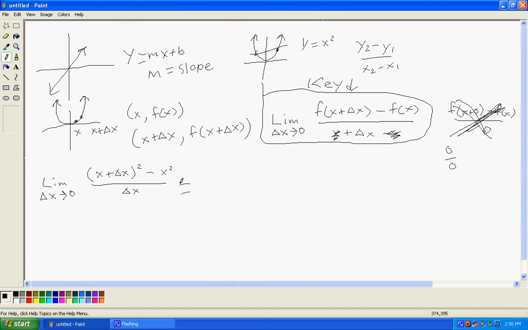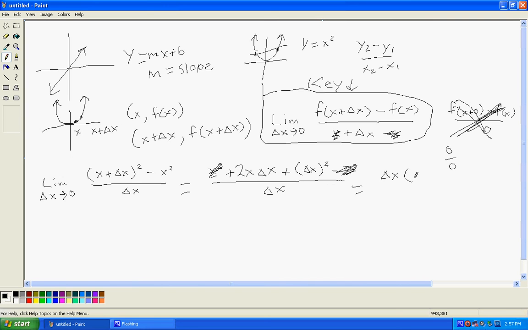We're going to FOIL the top and get x squared plus 2x delta x plus delta x squared minus x squared over delta x. And this may look like a lot, but these x squareds will cancel. And it's about to get a lot simpler because there's a delta x in every part of the equation.